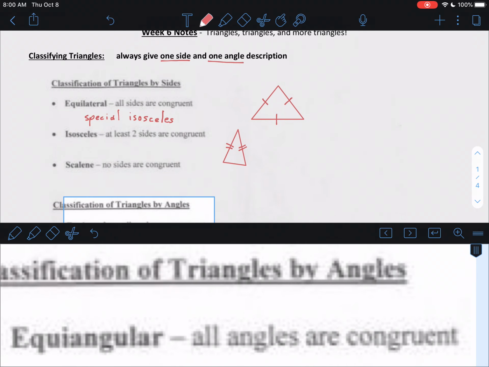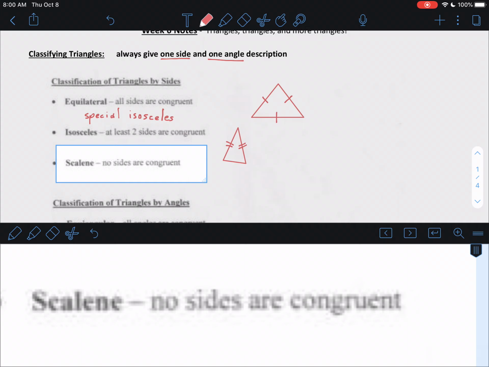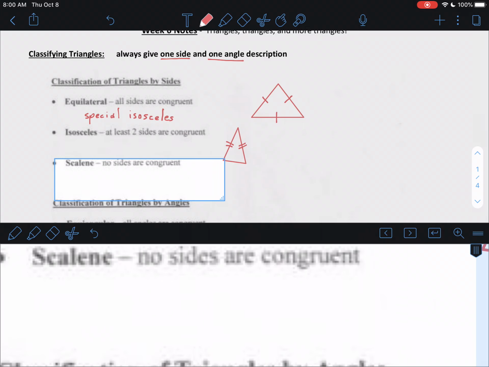And then a scalene triangle is a triangle where none of the sides are congruent. None of them are the same length, and honestly, most triangles that we see are going to end up being scalene because the chances that sides are the same length are pretty slim. A scalene triangle would look something like maybe this.